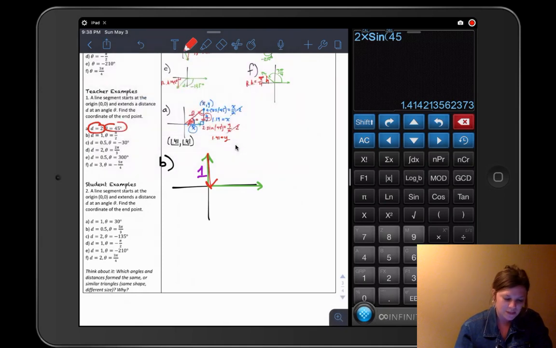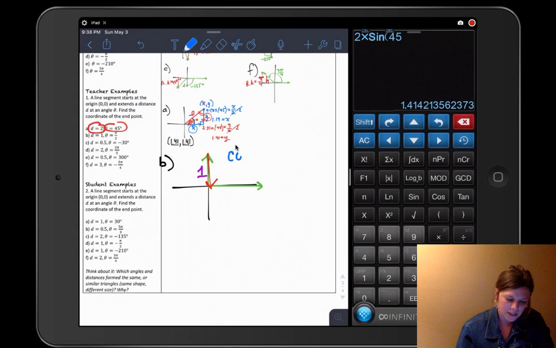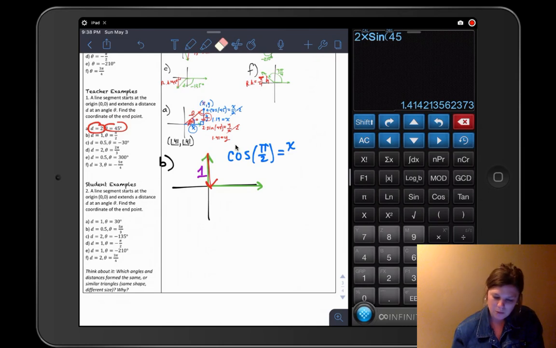What happens if we say, okay, the cosine, let's do the cosine first. Let's do it in blue. Cosine of the angle we're given, we're just following the pattern, pi over 2, is equal to x over 1, which we could just say is equal to x, right? You don't have to divide by 1. And so what happens on our calculator?